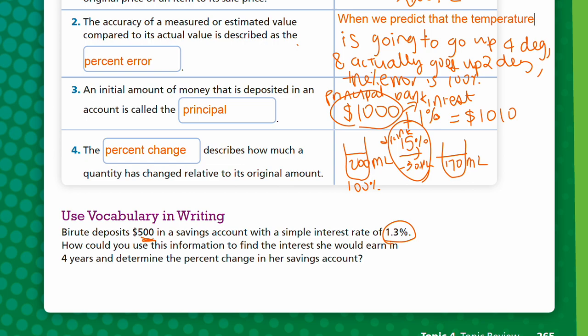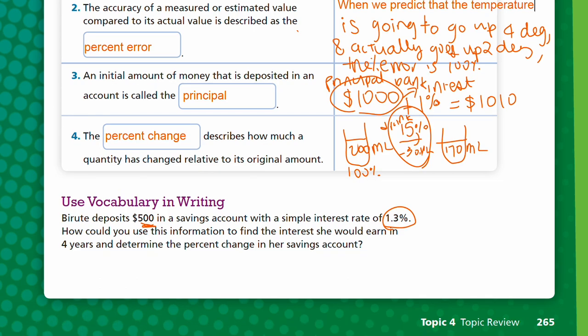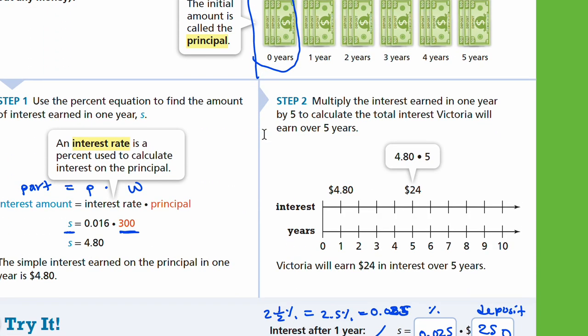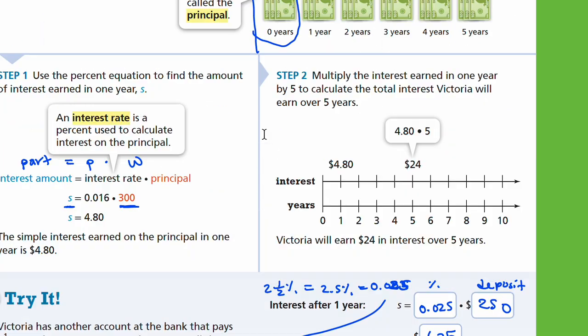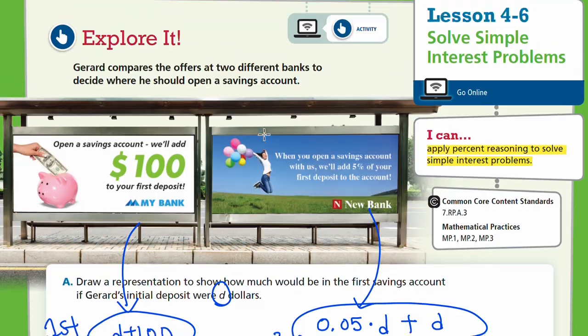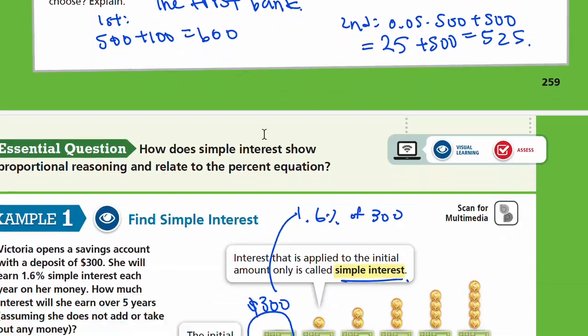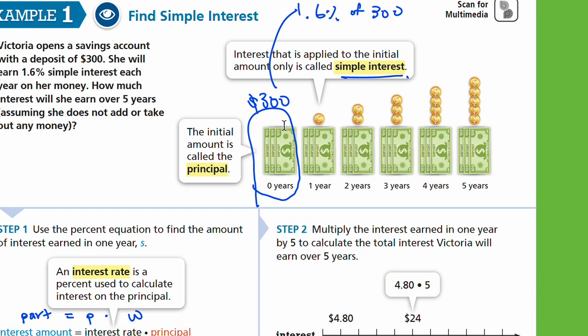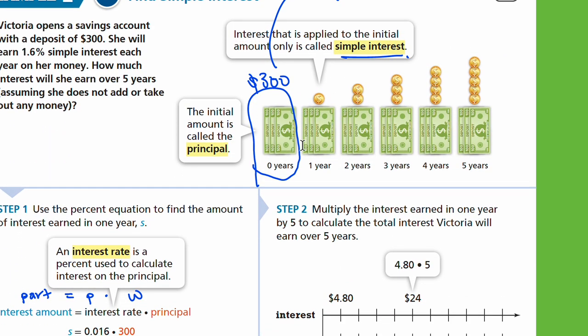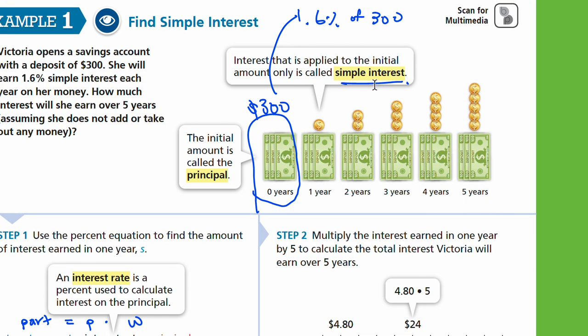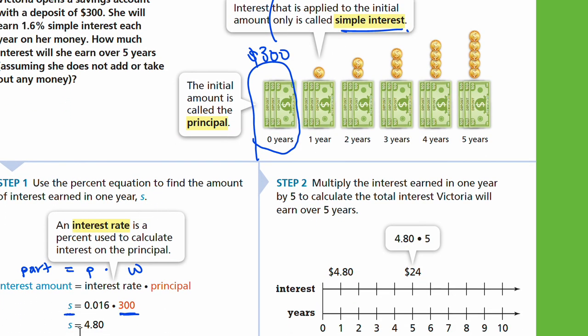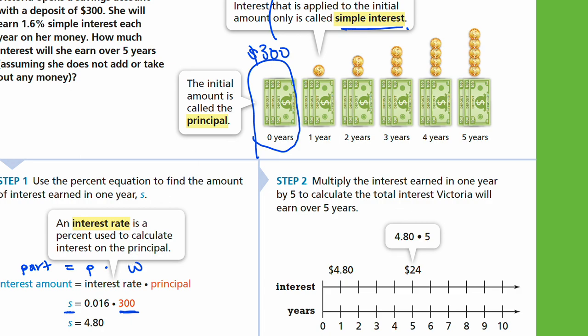Are you ready? For those of you who don't remember, you're going to look back in lesson 4-6. In lesson 4-6, you have simple interest problems. If you look at example 1, you'll see the explanations of the simple interest, principal, and the interest rate with the equation here.